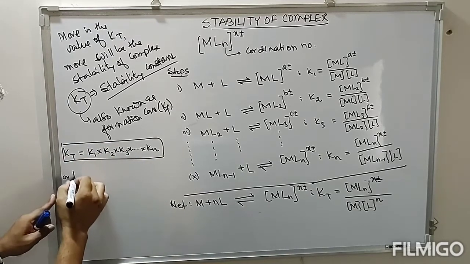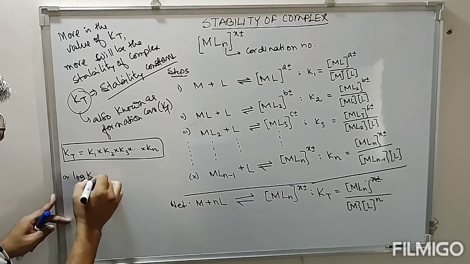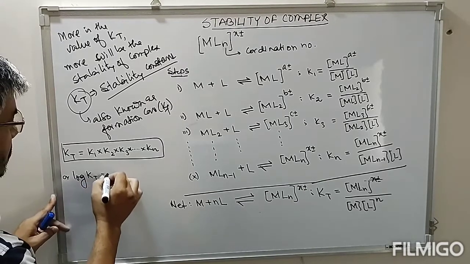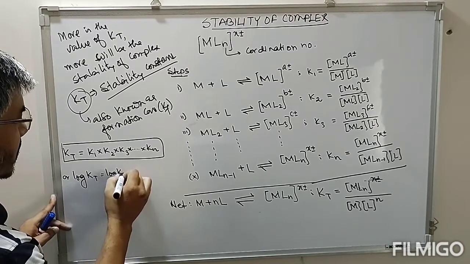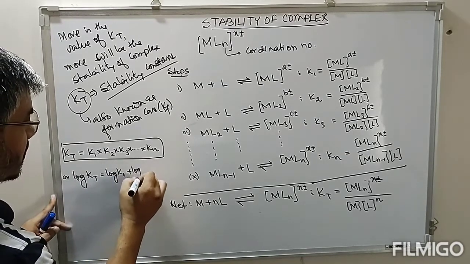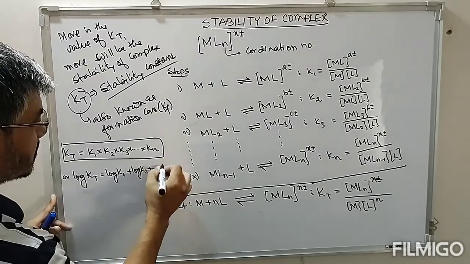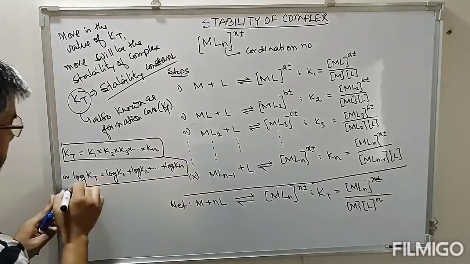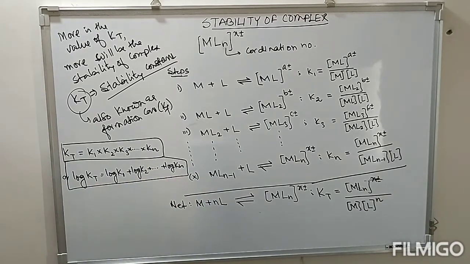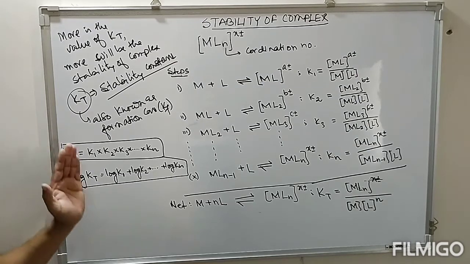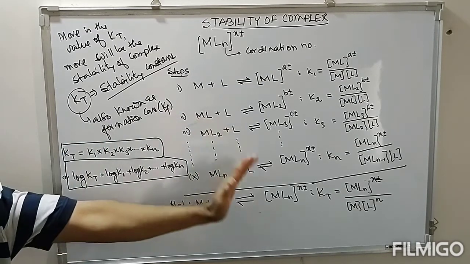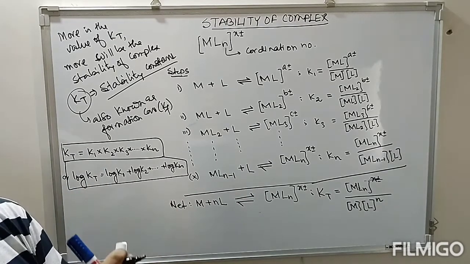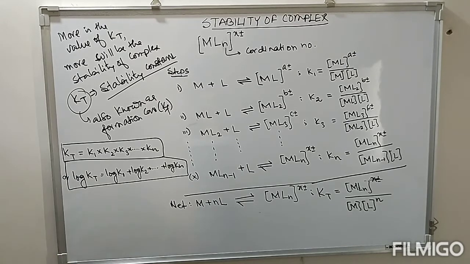Or you can say log of the total equilibrium constant is equal to log K1 plus log K2 plus ... log Kn. So either we can express Kt as the product of individual constants, or the logarithm of the total equilibrium constant as the summation of the logarithms of the individual equilibrium constants.